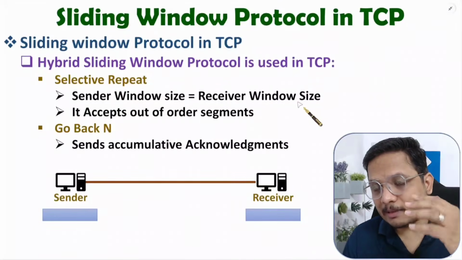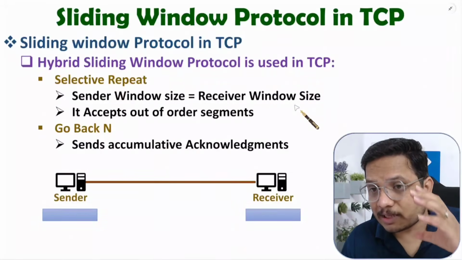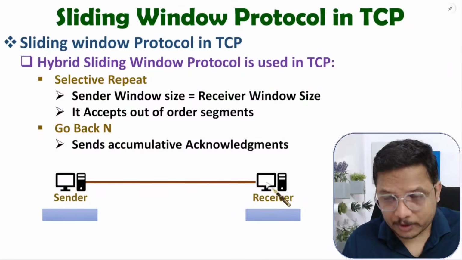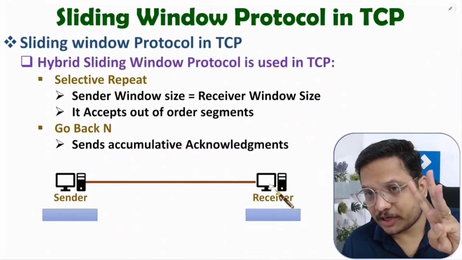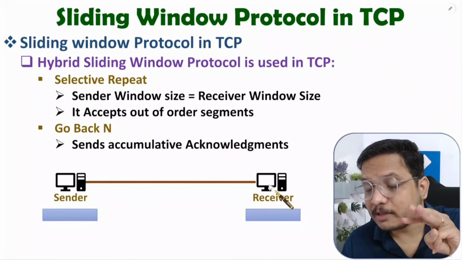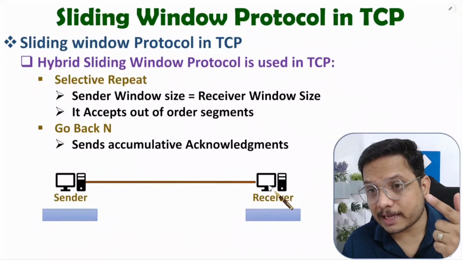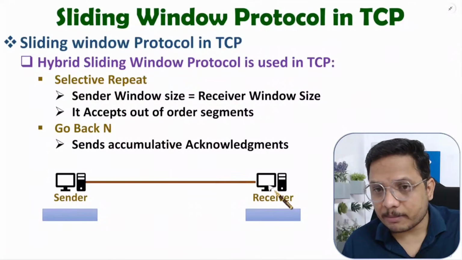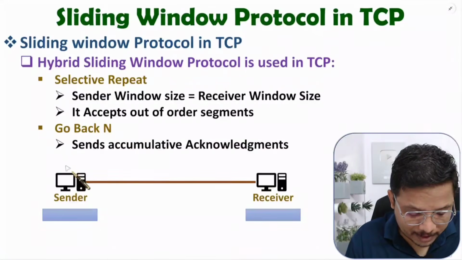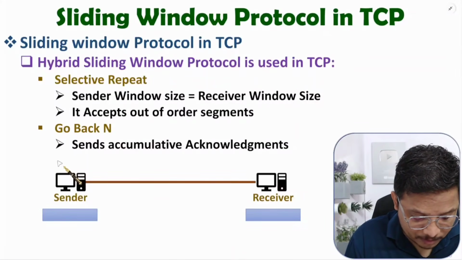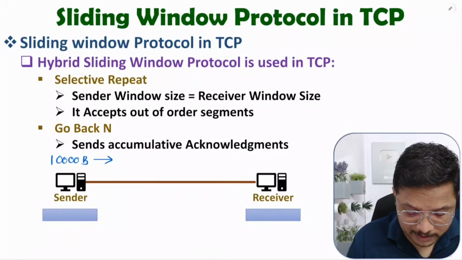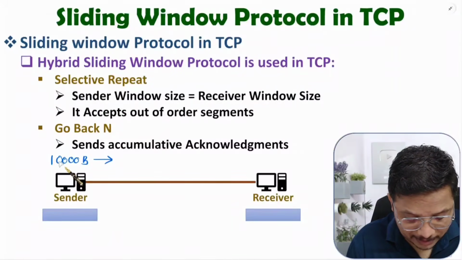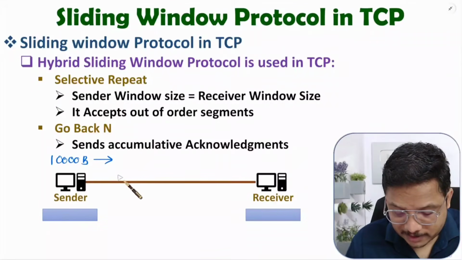In TCP, as I explained in connection establishment, both computers establish a connection with a three-way handshake, and in the three-way handshake they give each other information about window size. For example, say the sender gives the receiver a window size of 10,000 bytes. So the receiver gets to know the sender has 10,000 bytes of window size available.